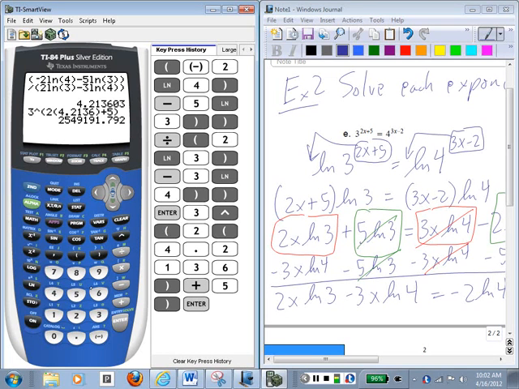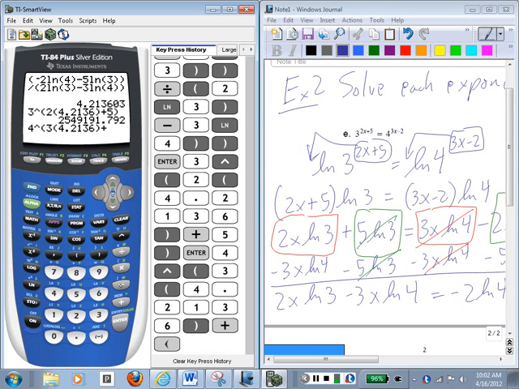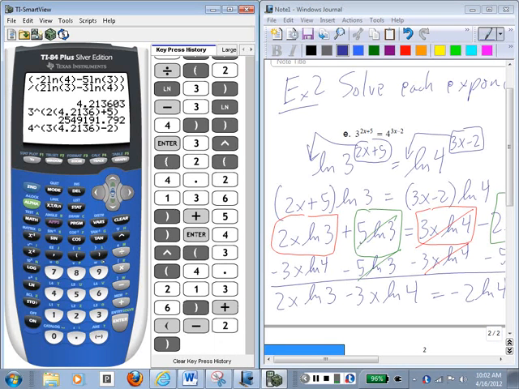And then if we go with 4 to the power of 3 times 4.2136 minus 2, thank you. We should expect the 2, the 5, the 4, and the 9 to be the same. Maybe the 1, or maybe it'll be a 2 there. That should be pretty close.